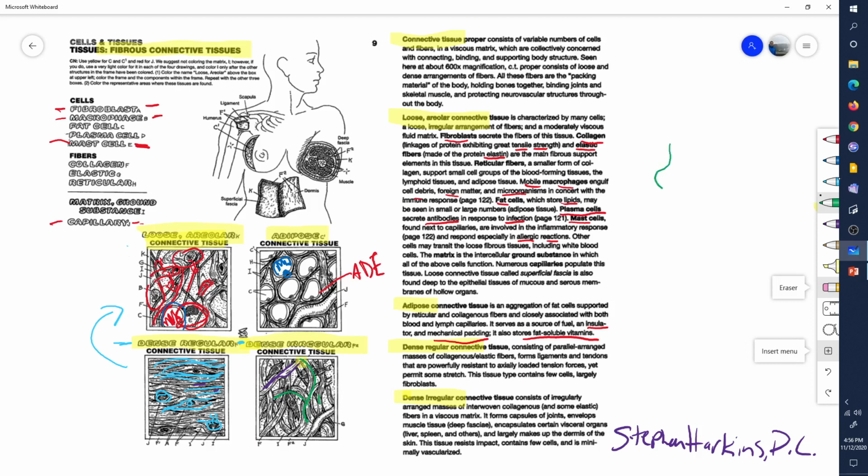I'm going to draw a picture, my idea of a knee joint here. Here's the femur. Here's the tibia. Your shin bone. Thigh bone, shin bone. And every joint is covered with an airtight joint capsule. And this capsule that keeps the joint nice and airtight is made of dense, irregular connective tissue.